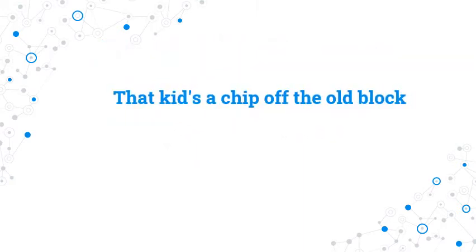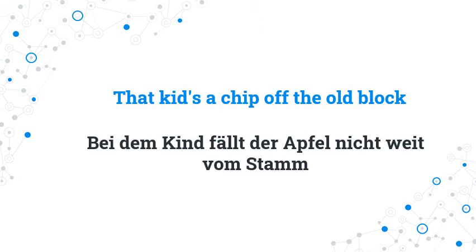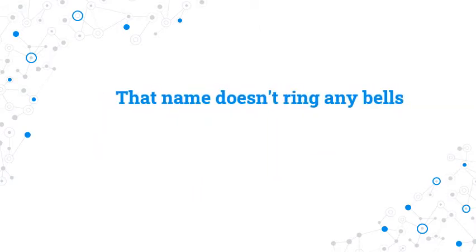How do you say, "That kid's a chip off the old block," in German? Bei dem Kind fällt der Apfel nicht weit vom Stamm. How do you say, "That name doesn't ring any bells," in German?